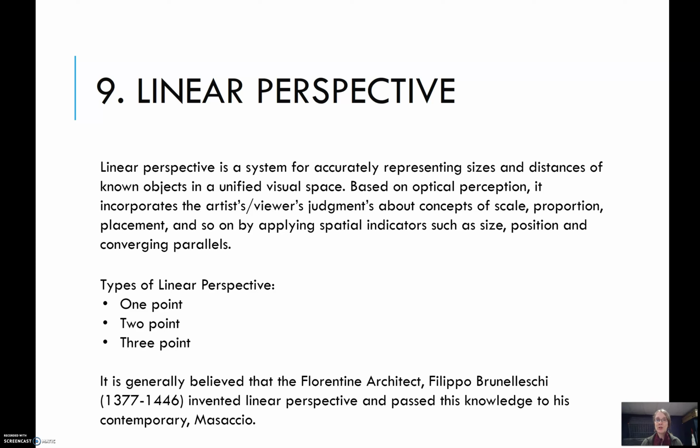Based on optical perception, it incorporates the artist and the viewer's judgment about concepts of scale, proportion, placement, and so on by applying spatial indicators such as size, position, and converging parallels. So, there are 3 types of linear perspective: 1 point, 2 point, and 3 point. And we will take a look at all 3 of these in our studies.